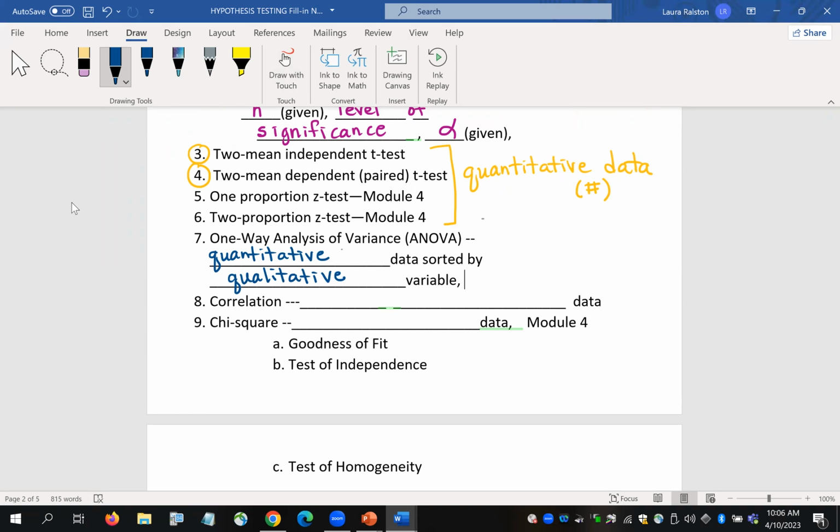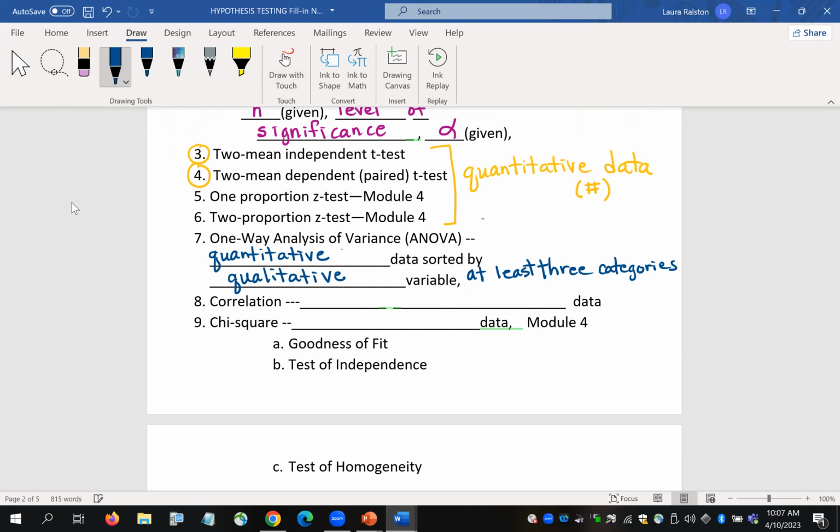Maybe we look at GPAs by the campus location at Georgia Highlands, or we look at the age based on the county of residence. Again, you're sorting numbers into categories based on the qualitative variable. The other thing with ANOVA, just as a side note, you have to have at least 3 categories.